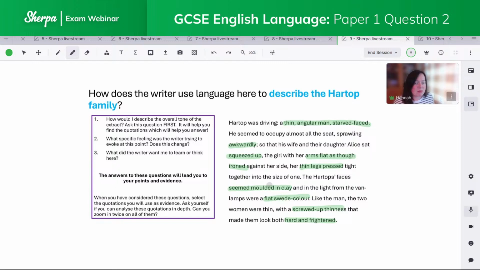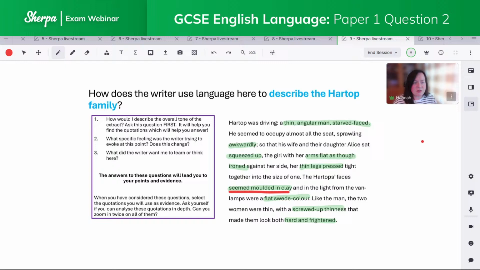However, I'm not going to be talking about all of them. So I've got to think about which quotations I can actually analyse in the most depth. One of the ones that students picked for this exam question was "seemed moulded in clay". They picked it quite rightly because it's clearly an interesting technique, an interesting description.